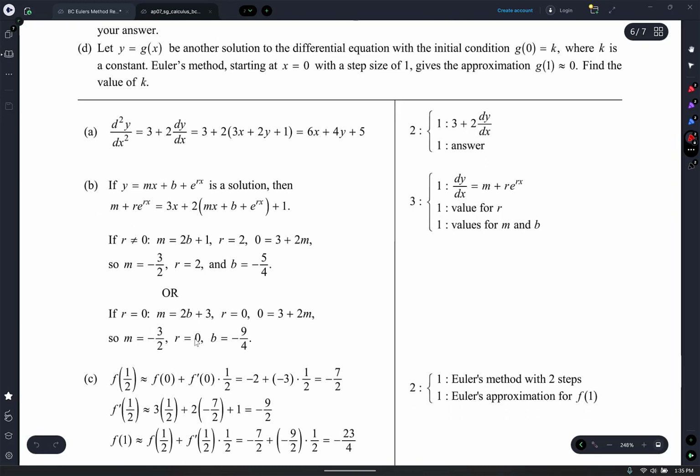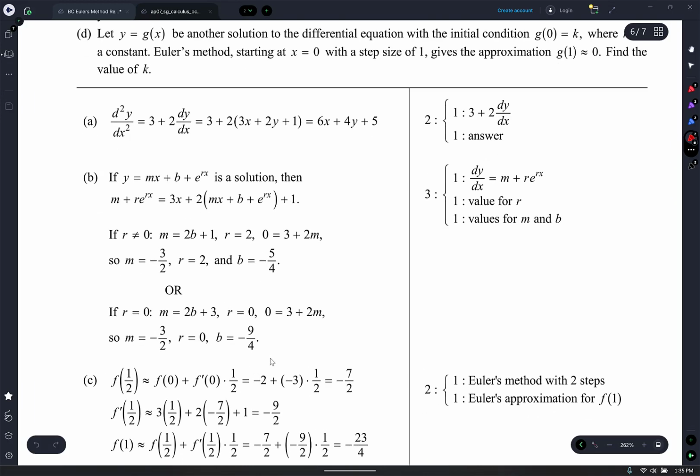Oh, I guess they're, hey, didn't you get a different value? I got a half. Yeah, if you said r equal to 0, they got negative 9/4. I didn't even think about that one because I didn't do that route. They said r equal to 0, I guess. Two different values. Well, I guess in this one r does not equal 0, and this one they set r equal to 0.